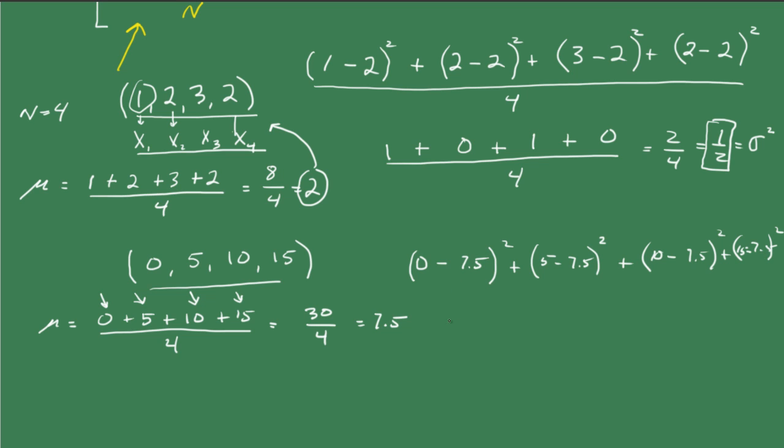So in this particular case, now let's expand this. Okay, this is divided by 4 still. We're averaging, right? This is simply averaging all of these squared differences. So we end up here with a 0 minus 7.5 squared for the first one, right? So we would have, I believe that's 56.25.